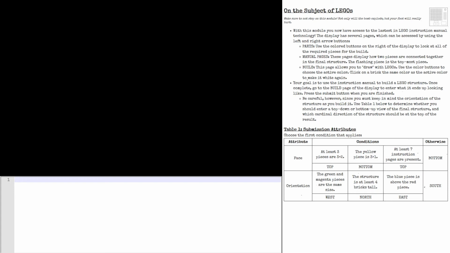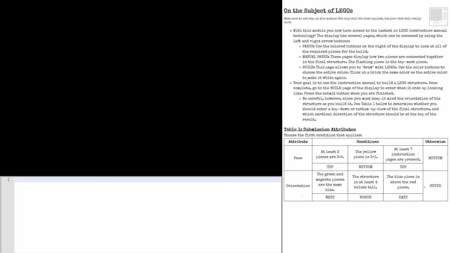Page 3, green 3x2, cyan 2x2, 2 right, 1 up. Page 4, red 3x2, yellow 4x1, 1 left. And page 5, green 3x2, blue 3x1, 1 left. That's it. There are only 5 pages. Let's see what you can come up with.